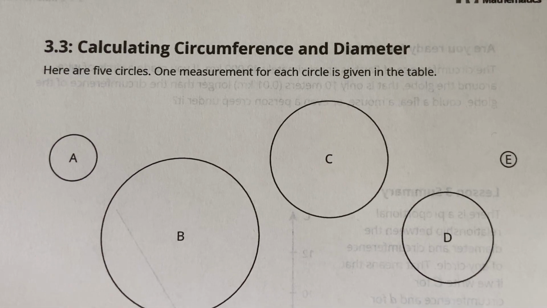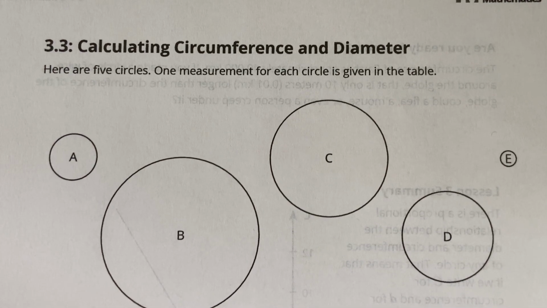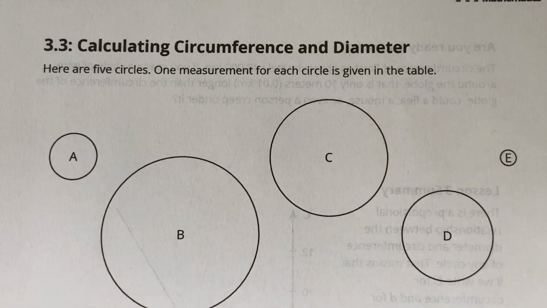We already did 10, but we're gonna do it again. Circle B, it's saying the diameter is 10. 10 times 3.14, okay? All right, if I multiply that out, I get 9.42 centimeters, not squared because it's not area.